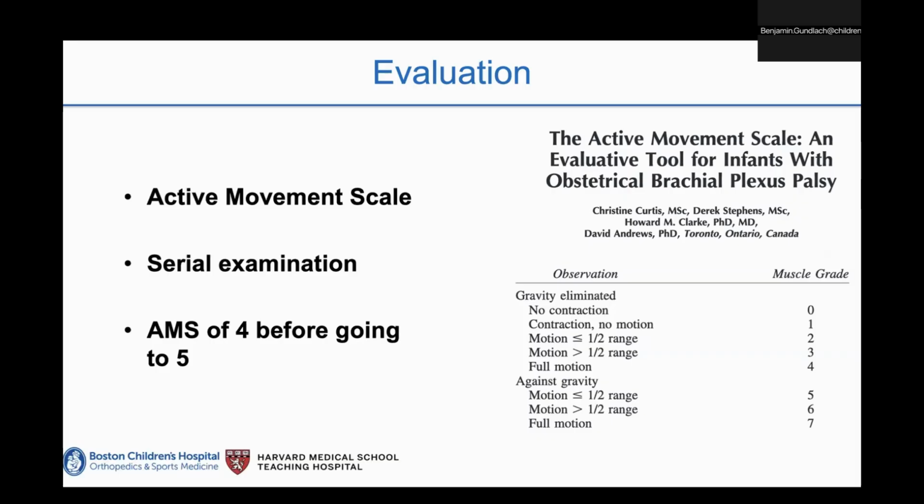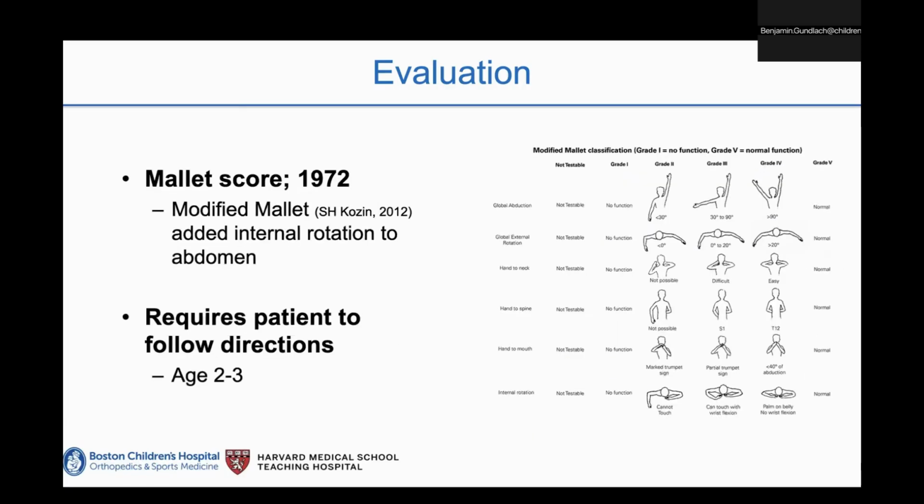It's important to know with the AMS that patients must have full gravity eliminated motion, or a score of 4, before they can move on to scoring anti-gravity motion. The AMS is also really helpful in that it allows for comparison from examination to examination and allows for serial examinations and providing objective data in improvement as infants are aging.